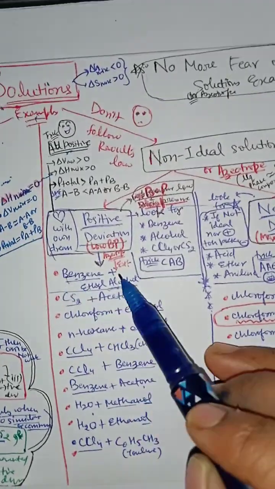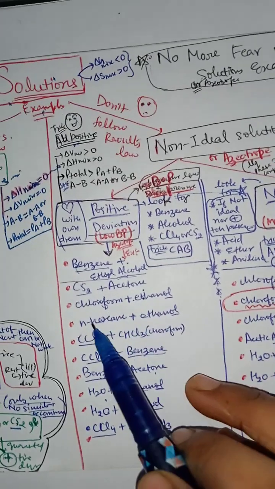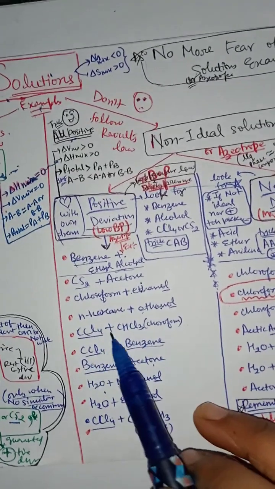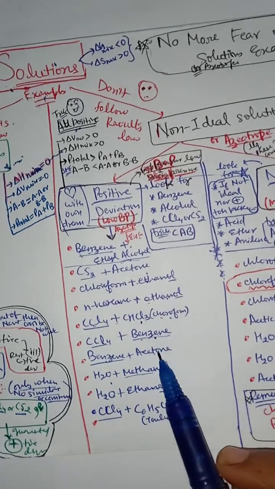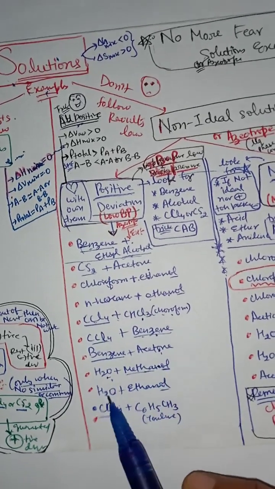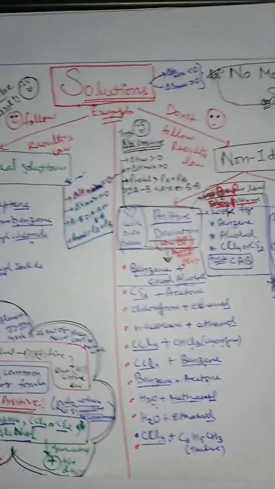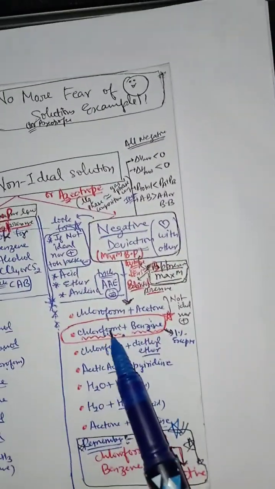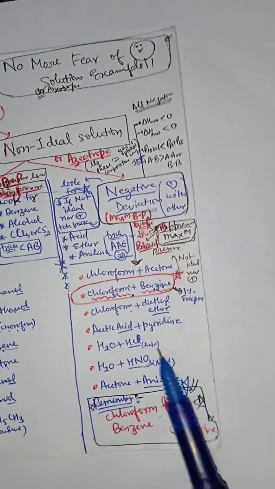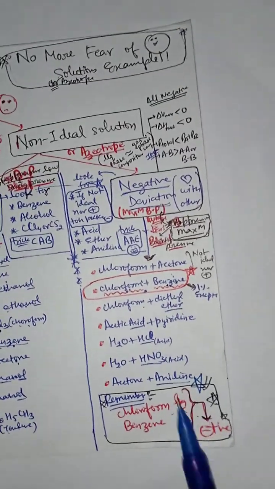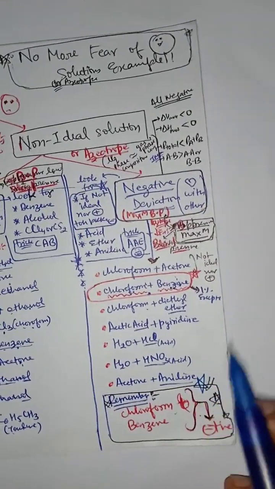Now benzene plus ethyl alcohol, CS2 plus acetone, chloroform plus ethanol, n-hexane plus ethanol, CCl4 plus chloroform, CCl4 plus benzene, benzene plus acetone, H2O plus methanol, H2O plus ethanol, CCl4 plus toluene. So the exception which I have been telling you is this one: chloroform plus benzene shows negative deviation. This is the only exception, you need to remember it, because there is a high chance of it coming in the question.